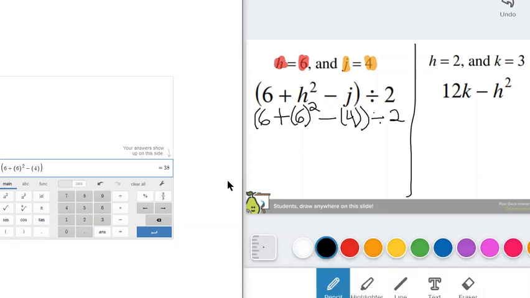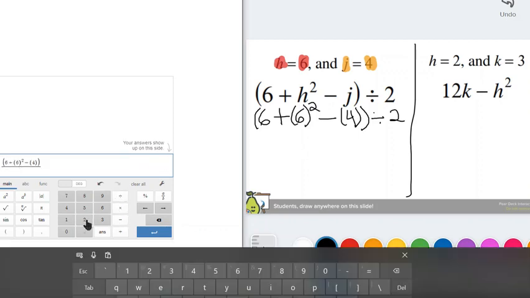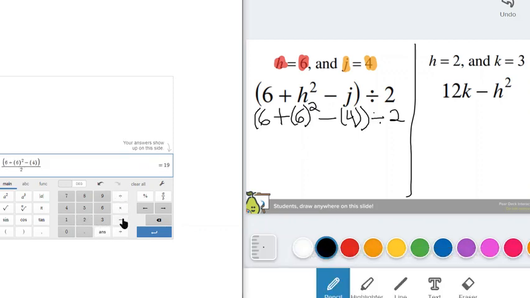Notice there are two sets here, divided by 2, and that is going to give me 19. You can just use your calculator to do this, but you have to be very careful that you're replacing using sets of parentheses. This is equal to 19.